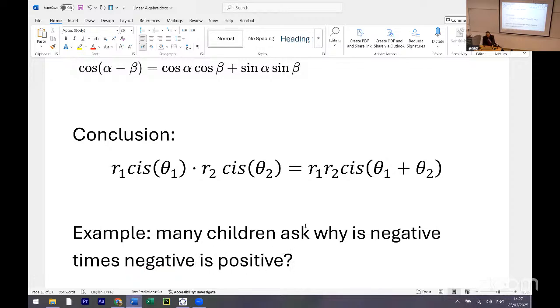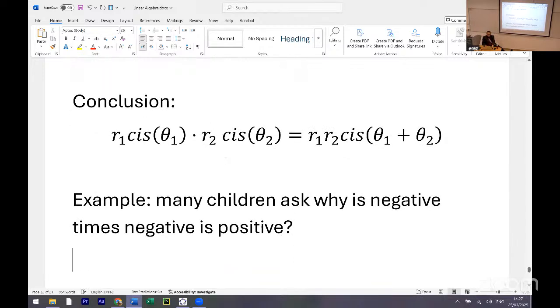It's a valid question. Why, when we multiply two negative numbers, do we get a positive number? So there are a few answers to this, but I think the most accurate mathematical one is because the number system we use is actually part of the complex numbers.